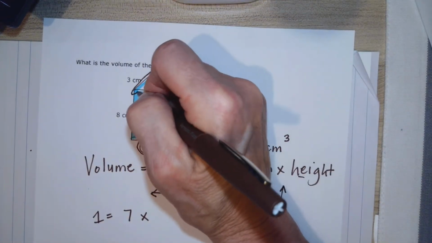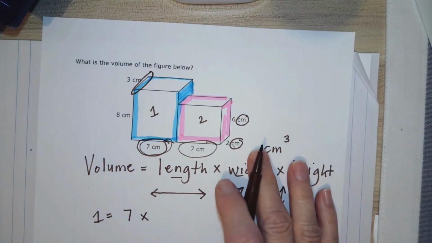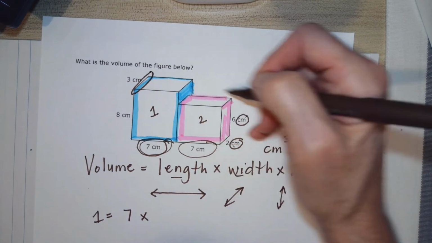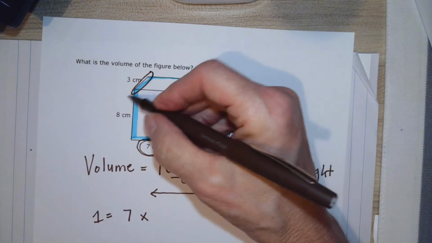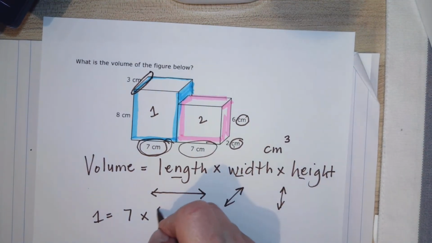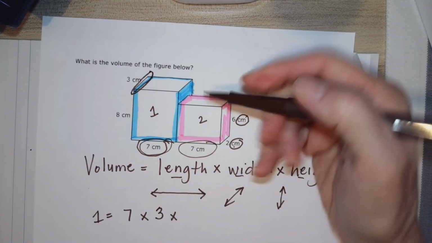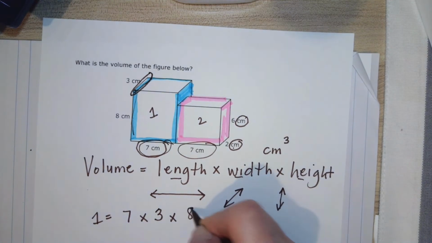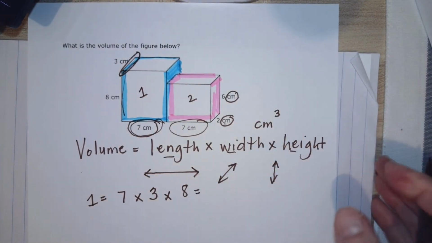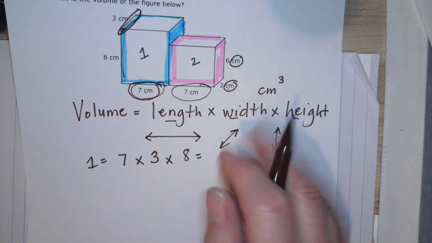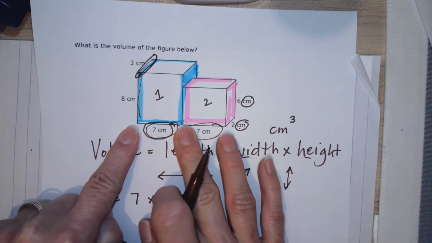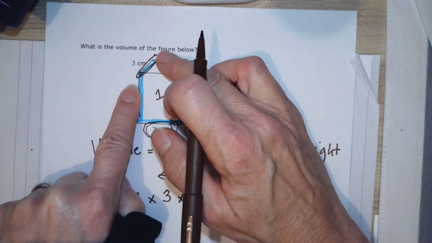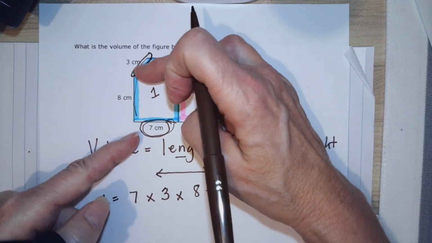They're showing me that this one, the front to back, is 3 centimeters. See how it's slightly larger than this one? So they're showing me that front to back is 3, and they're showing me that top to bottom is 8. Okay? So again, side to side, 7, front to back, 3, top to bottom, 8.